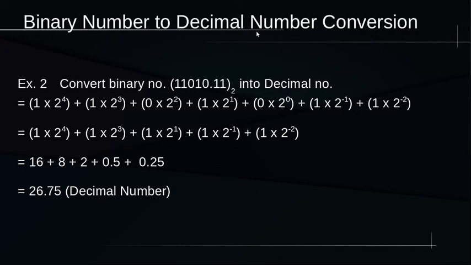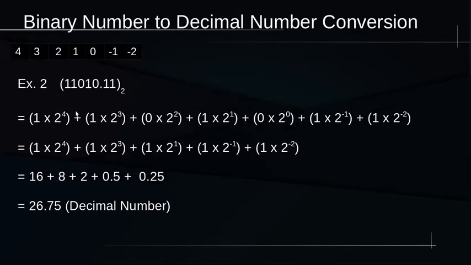Binary number to decimal number conversion. Here an example is given: convert binary number 11010.11 into decimal number. We can convert this binary number into decimal number by using place value method. So first of all, we have to find the place value of each digit.